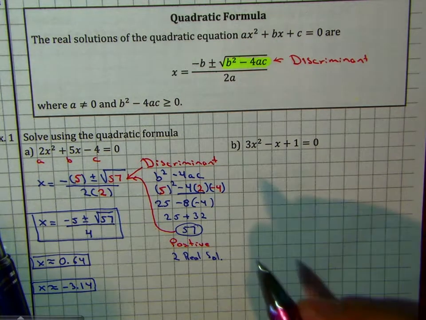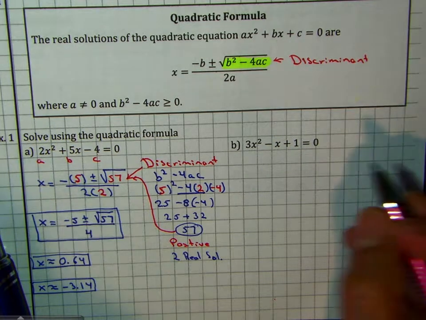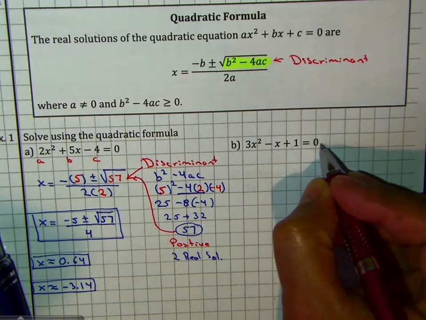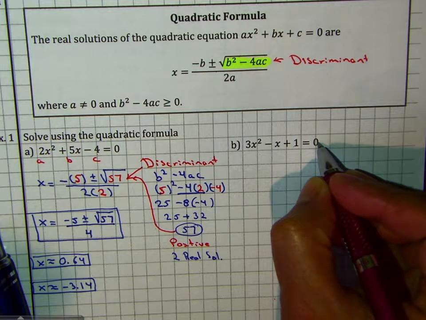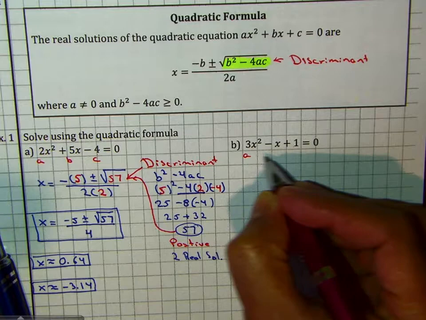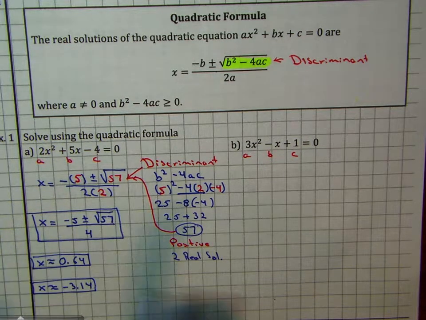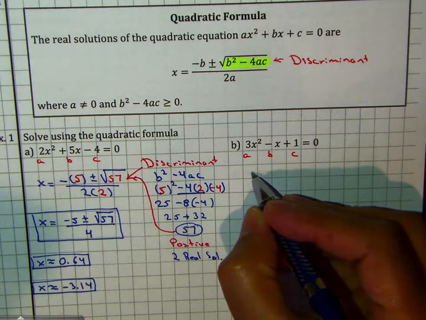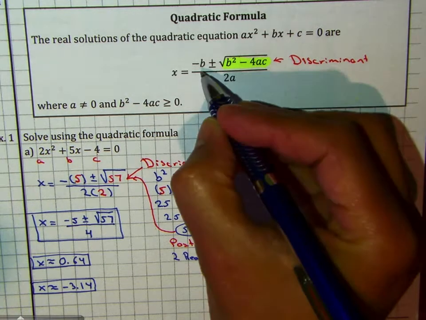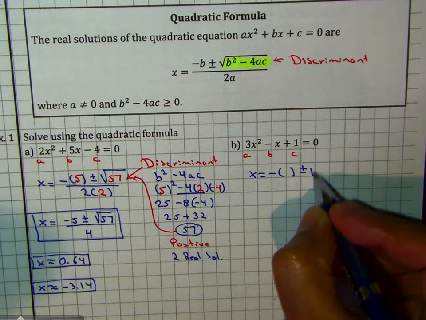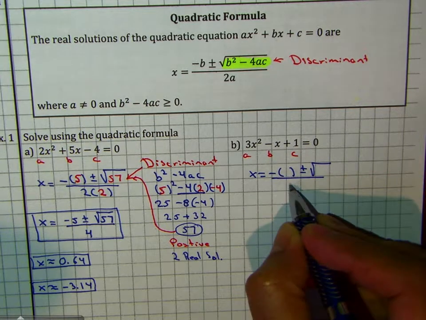We want to make sure that it's in standard form. So we have x squared, x, and then the number. In this case, it's an equation, so equal to 0. So A, B, and C, we are finding the solutions. And I'm going to set up my formula: x equals negative b plus or minus square root all over 2a.